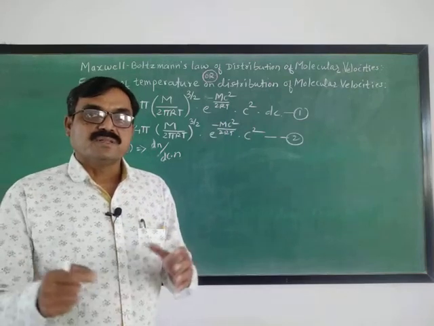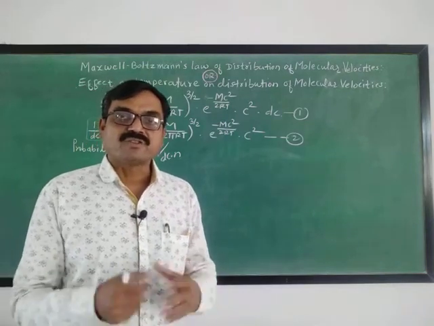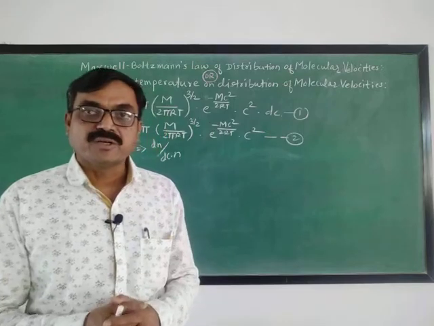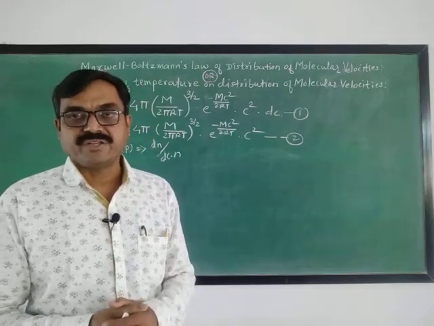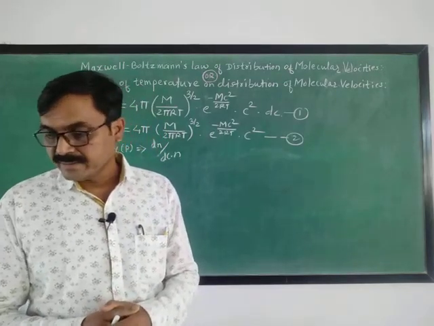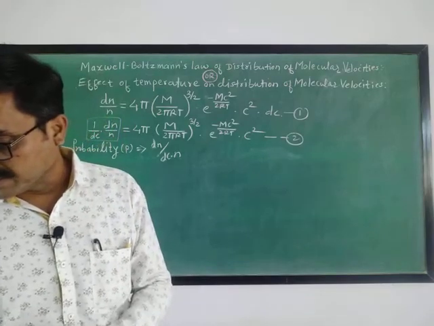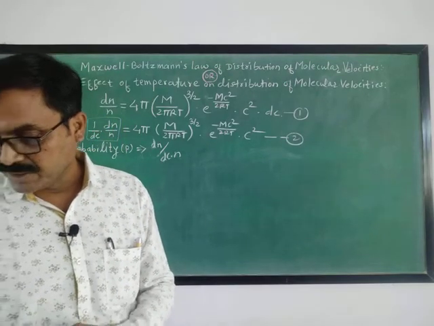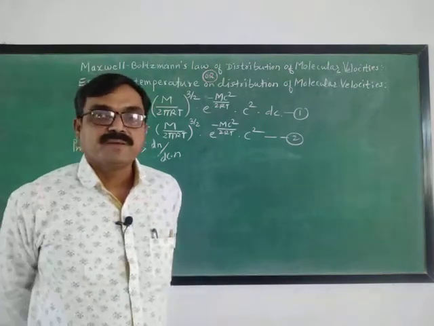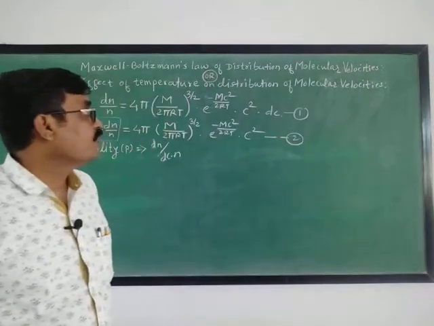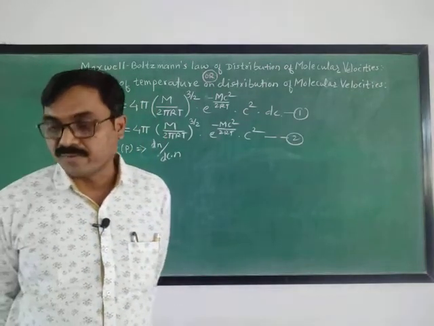Means the molecules collide with each other, due to which their velocity gets changed, and on the basis of this we have to see the Maxwell-Boltzmann distribution law of molecular velocities.